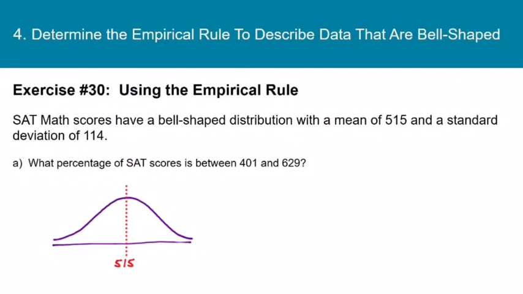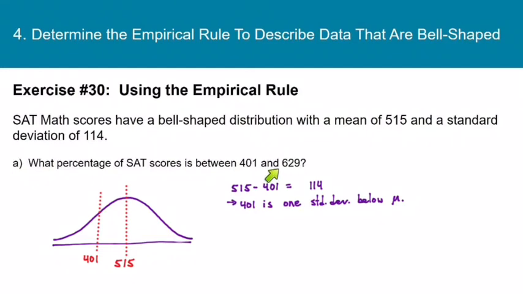So let's start by subtracting 515 minus 401, and we see that that is 114. So that is exactly one standard deviation, which means that 401 belongs here at the inflection point. 401 is one standard deviation below the mean.